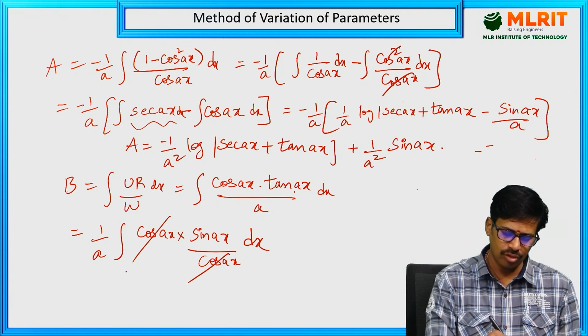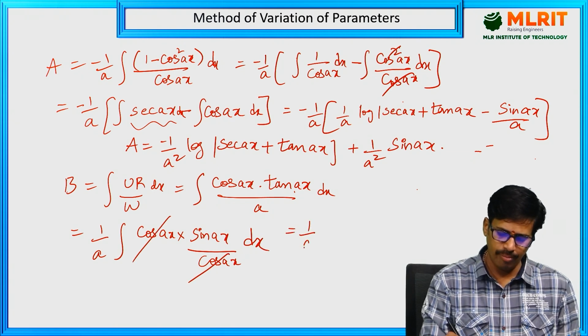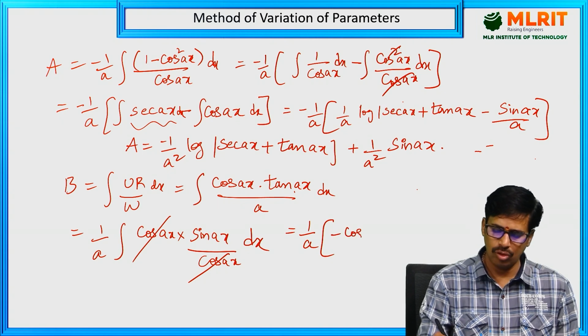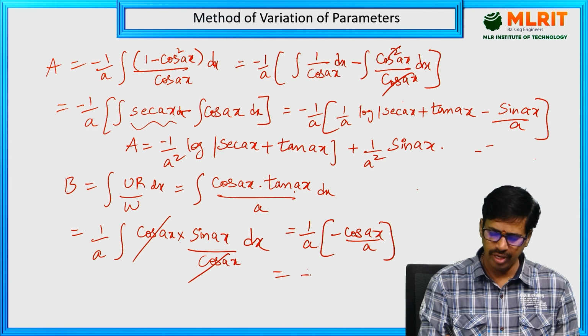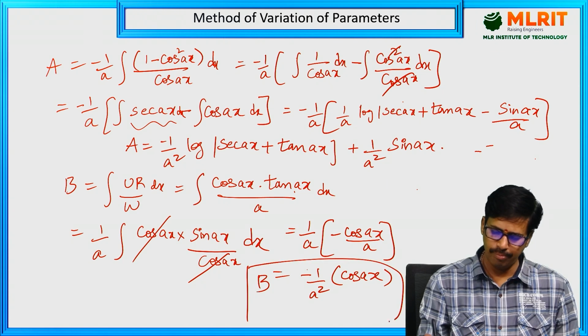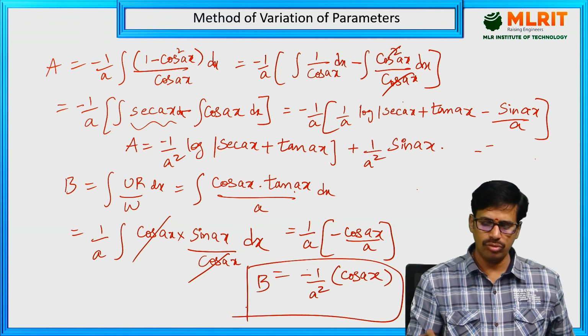So cos ax cancels. So 1 by a into what is integration of sin ax? Minus cos ax by a. So b value we get as minus 1 by a square into cos ax. This is b. So we got A and B values.